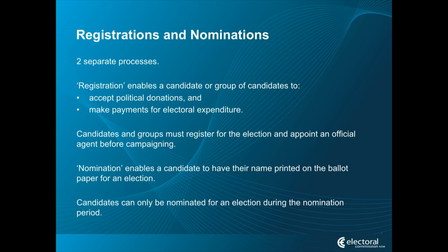Candidates and groups must be registered for the election and appoint an official agent before campaigning. Nomination enables a candidate to have their name printed on the ballot paper for an election. Candidates can only be nominated for an election during the nomination period.